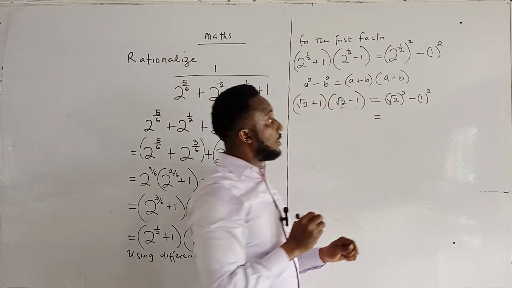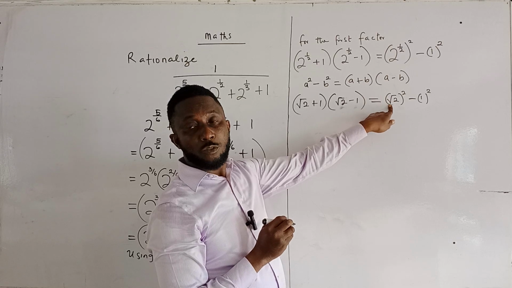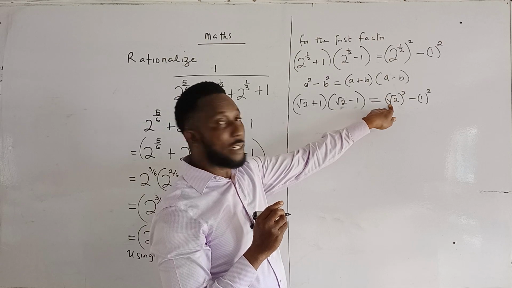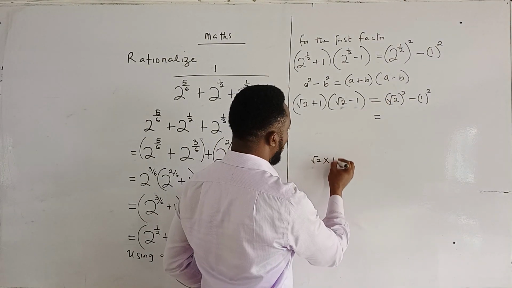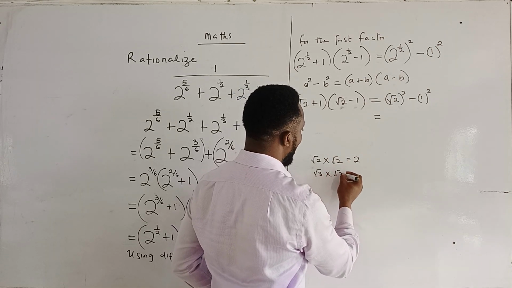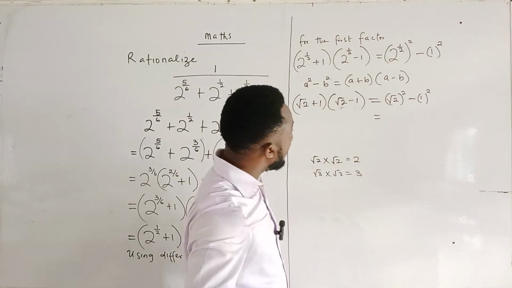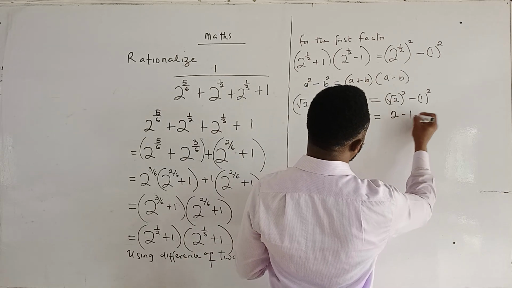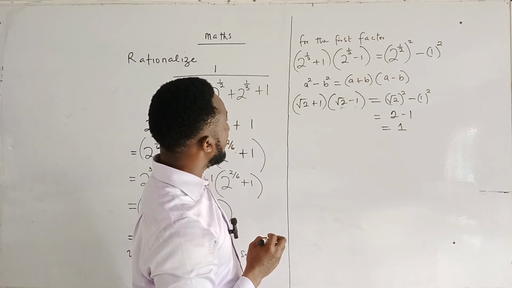Now, if you watch very carefully, root 2 squared means root 2 multiplied by root 2. So when like surds multiply each other, they actually pair, and the radical sign will disappear. So if I have root 2 multiplied by root 2, this will give me 2. If I have root 3 multiplied by root 3, this will give me 3. So this is very easy to comprehend. So at the end of the day, like I said, this is going to give us 2 minus 1, which is equal to 1. I'll keep that in mind.